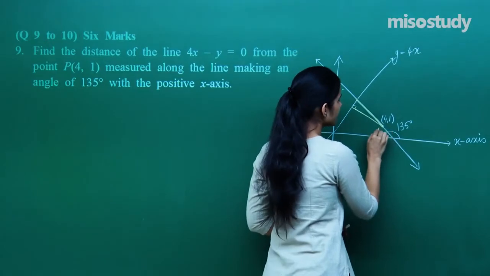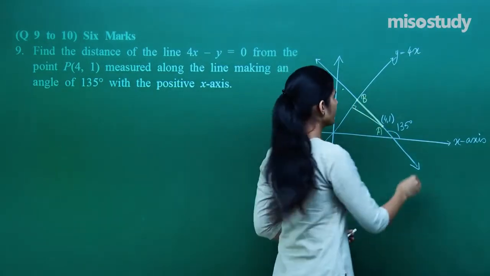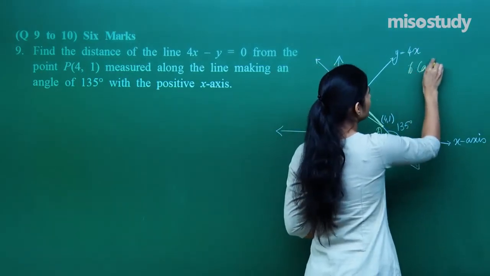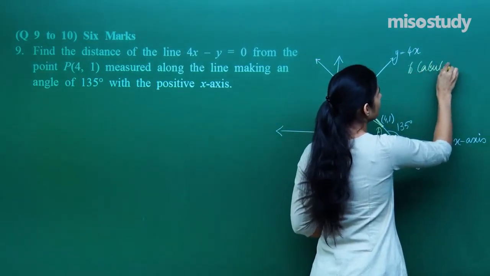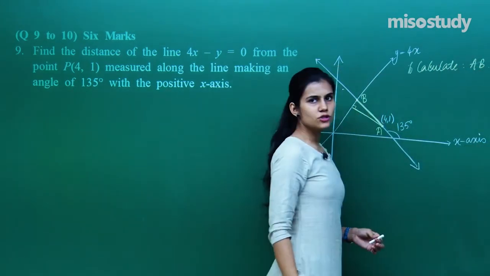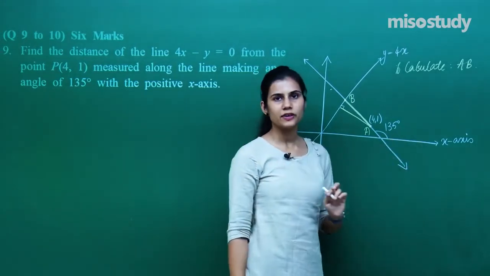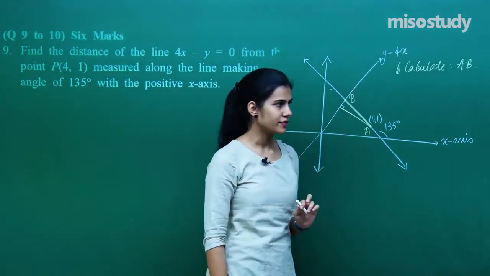So if this point I am saying as A, this point is B, I need to calculate the length of AB. AB represents the distance of 4, 1 from y equals 4x, but along this line which makes 135 degrees angle with the positive direction of x-axis.